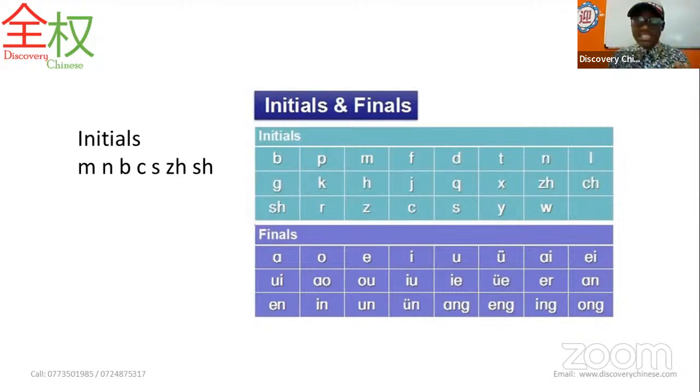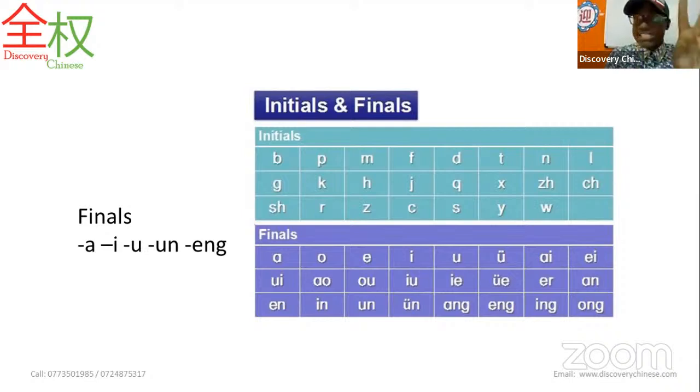The first part is these consonants, what we call consonants in English. This is what we call the initials. So the B, P, M, F, D, T, N, L, these are the initials. If you look at my chart here, you will be able to see the initials that are available in Chinese. As you come over to the center, we will give you a deeper understanding of this. So the first part is the initial.